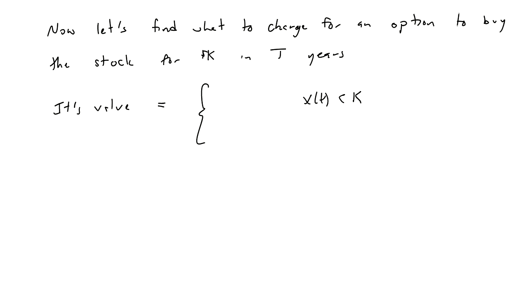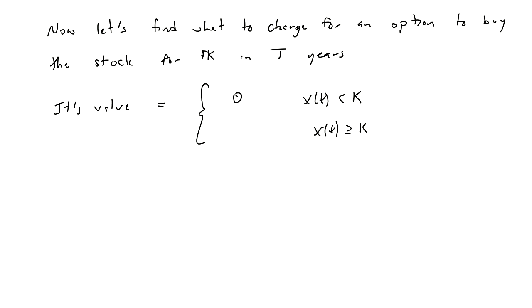So first, if the price of the stock at time T is less than K, how much do we make from the option? Nothing, right? It's worthless. And the equal, of course, you can put in whichever one you want. If the price of the stock is bigger than K, then you will buy it at K and then sell it for whatever the price is.